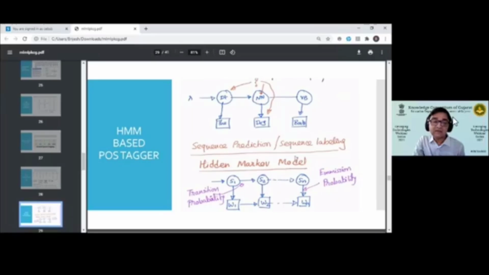If you know that barks can never be a determiner, then you can eliminate that possibility. So you have two choices for the state Sn, either NN or VB. Similarly, you look at the previous tag, and if you know that the previous tag was NN, then the next has to be VB, and so on.